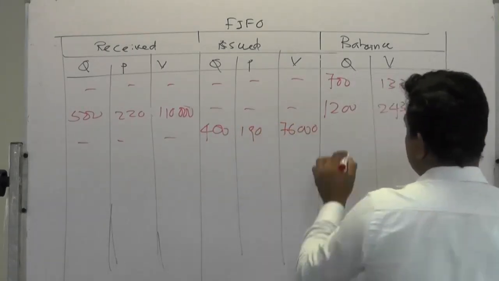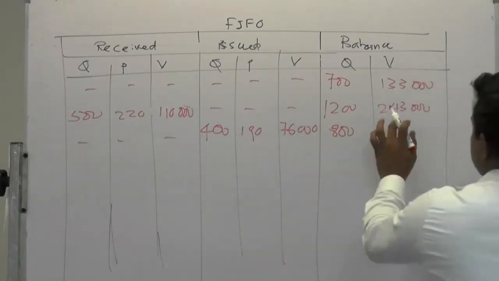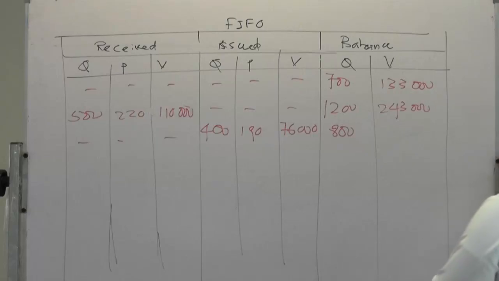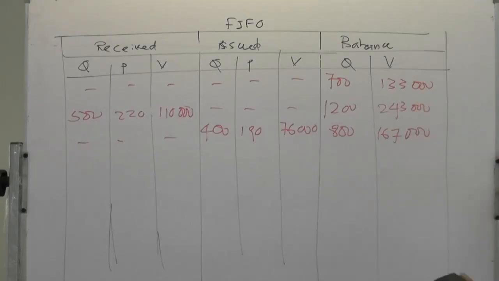Now 133,000 for 700 units, therefore per unit 190 multiplied by 400, then value will be 76,000. Then quantity reduced to 800 once you issue 400, and value reduced to 243,000 minus 76,000, that is 167,000, right?